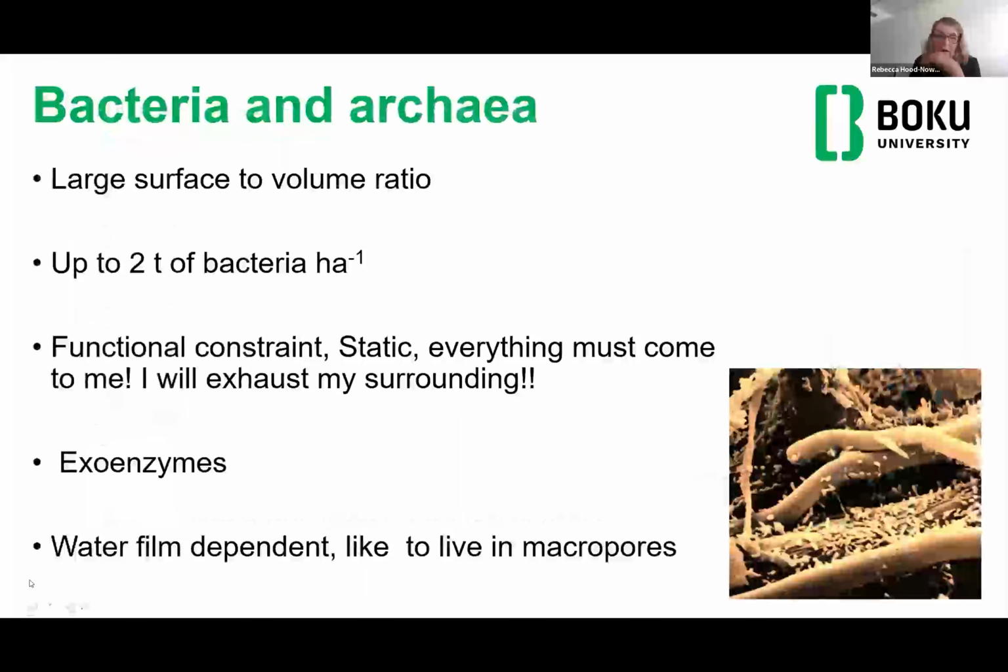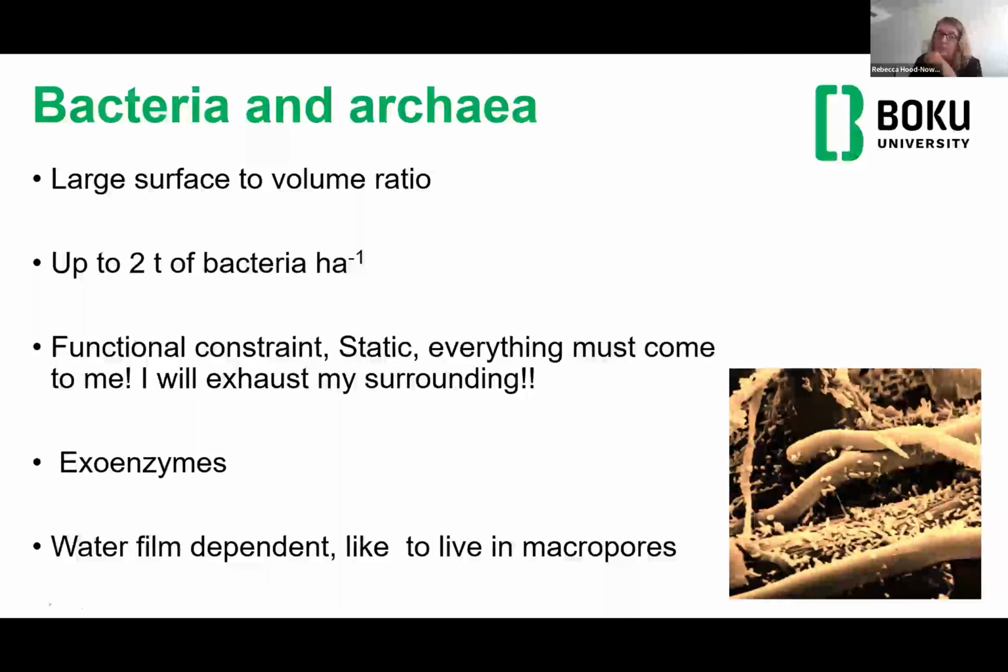Not so important in agriculture, it must be said, but they are quite important. Next are the bacteria and the archaea. The archaea are very slow growing, and they're very ancient. They're also not so important in agricultural systems, but the bacteria are really important in agricultural systems.